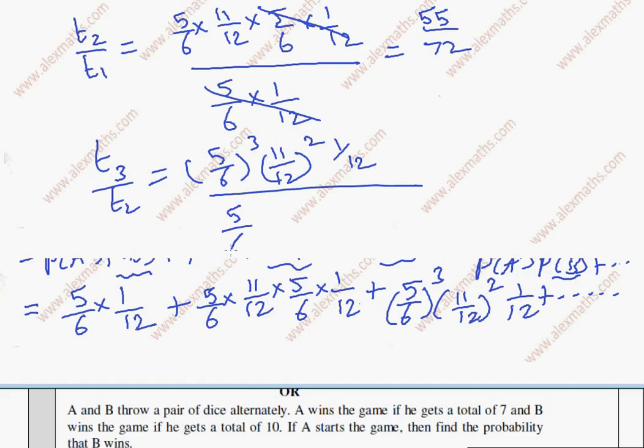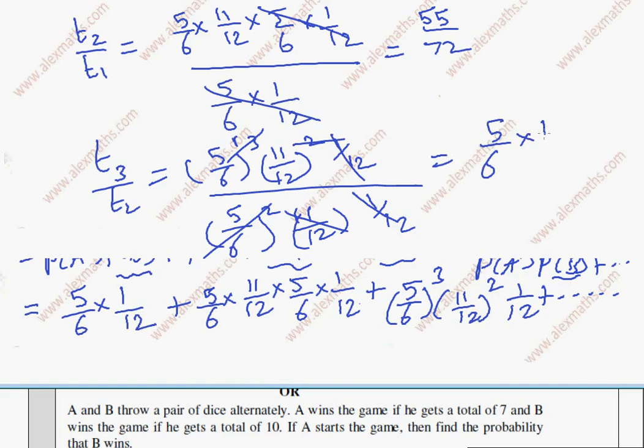The second term is 5 by 6 whole square into 11 by 12 into 1 by 12. So 1 by 12 you can cancel. This 5 by 6 whole square I can cancel with the whole cube, so 1 remains. Then this 11 by 12 also I can cancel one term. So the remaining is one 5 by 6 and one 11 by 12, which is the same as this. It means this is an infinite GP.